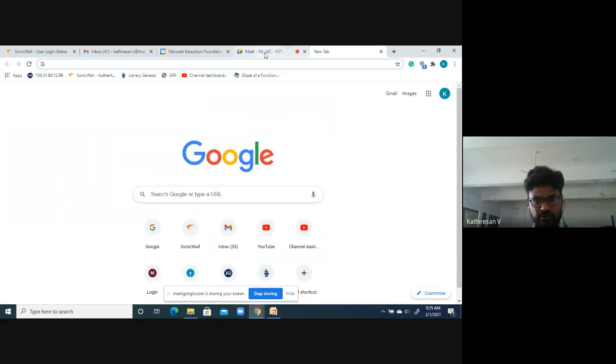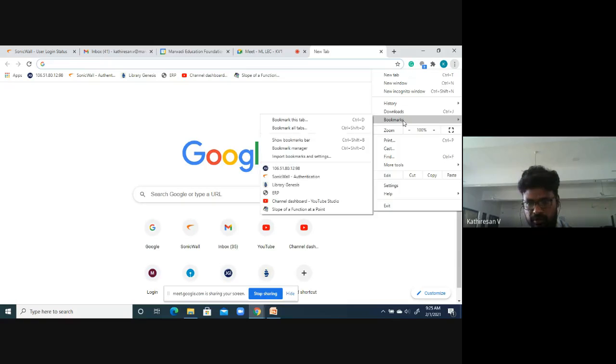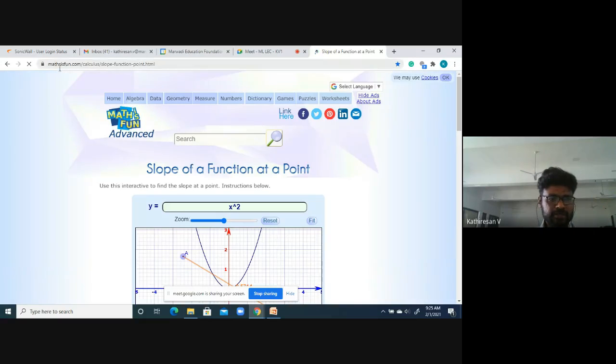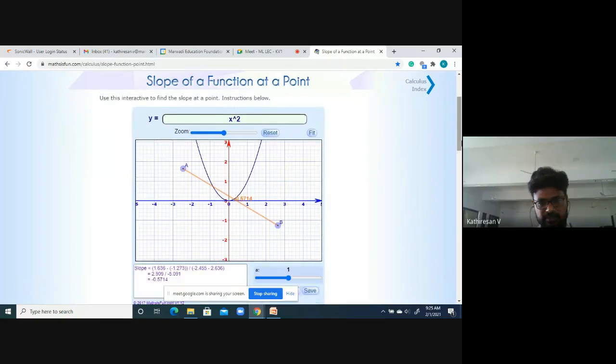See, for more understanding, I will show one. Slope of a function at a point, from mathsisfun.com. Here I am simply drawing y equals mx plus c.